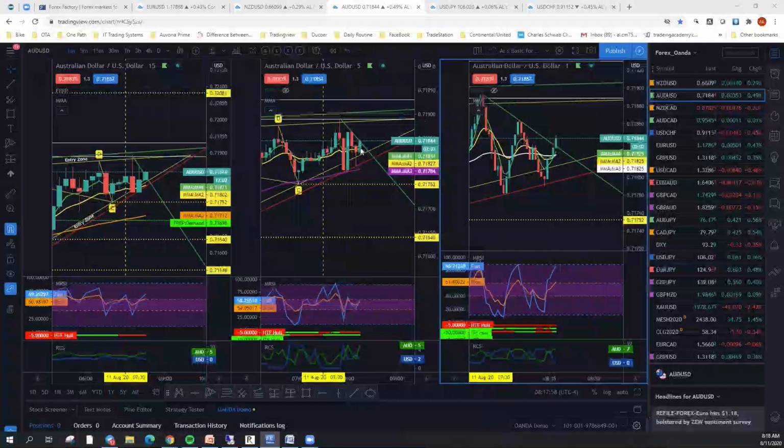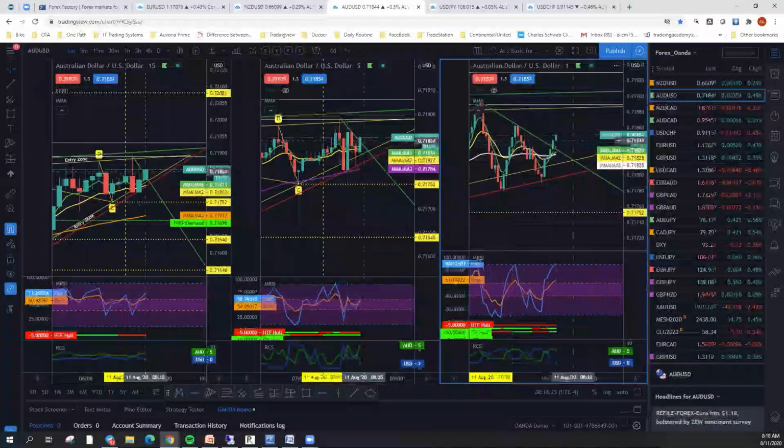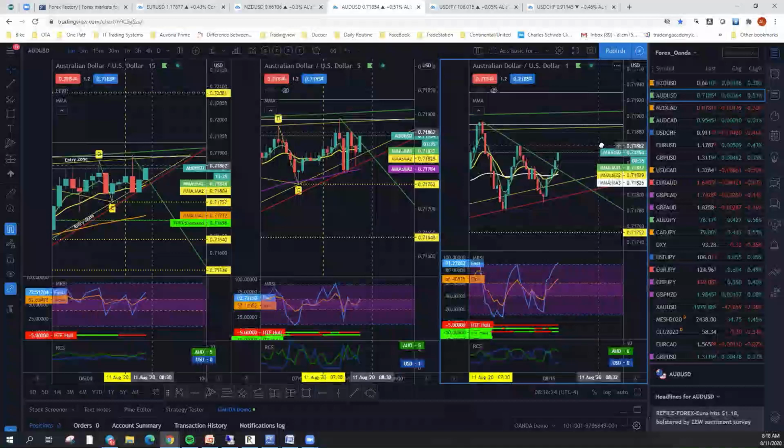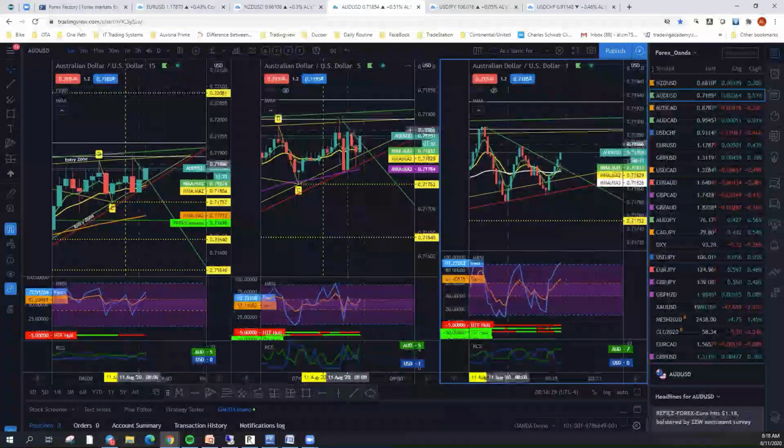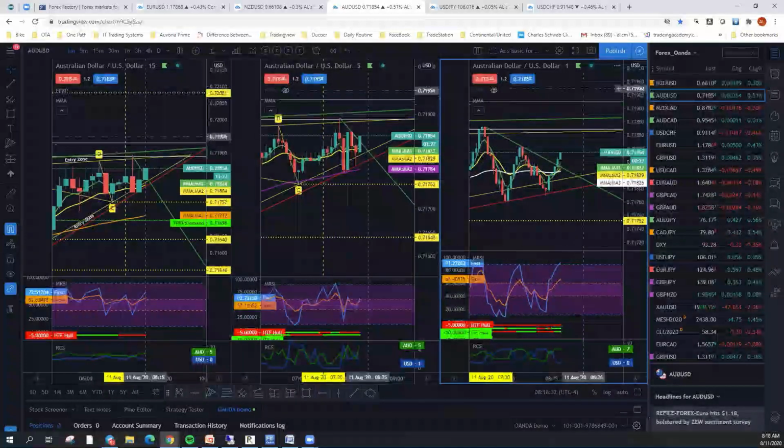And all of our moving averages on our 5-minute chart are all in the right direction for it to go long. So it came up and tested this area before. Let's see if it's going to test it again.